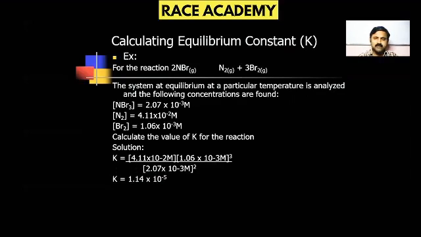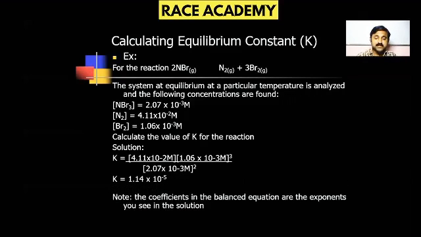Upon simplification we got 1.14 times 10 to the power of minus 5. In that way you can calculate the equilibrium constant. The coefficients of the balanced equation should be written as the exponents.